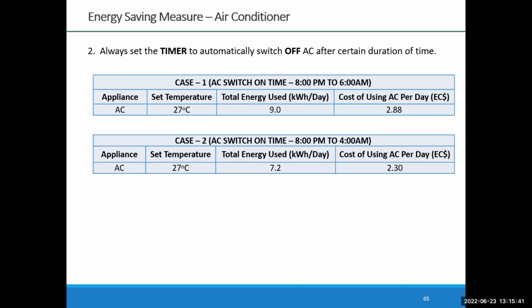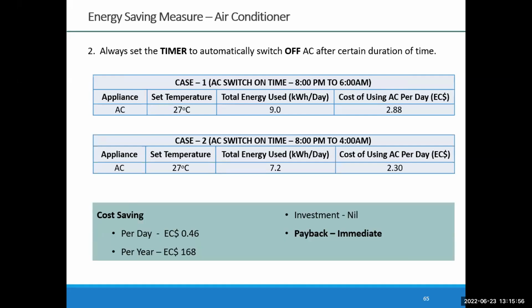By that you can also reduce the energy consumption. The same thing is explained here. The cost of operating for that particular period also comes down based on the reduced operating hours. Here you are saving around $168 per year, and also without any investment.